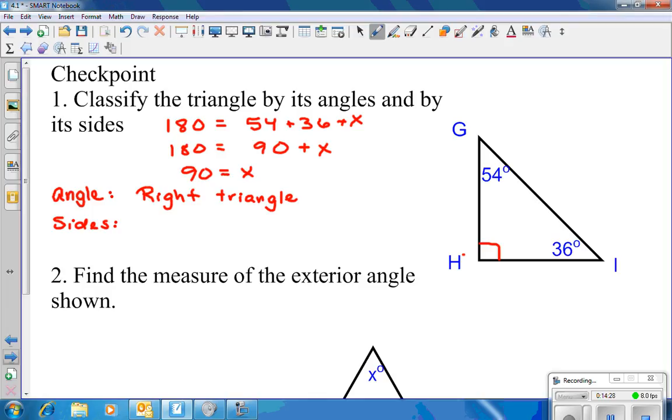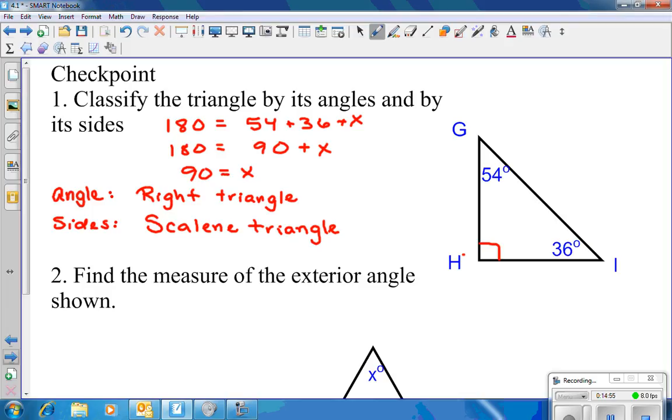No. As long as these angles, 54 and 36, are not equal, that means there are no sides equal either. So it has to be what kind of triangle? Scalene. So it's a right scalene triangle.